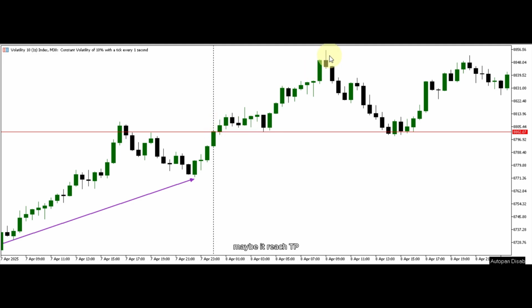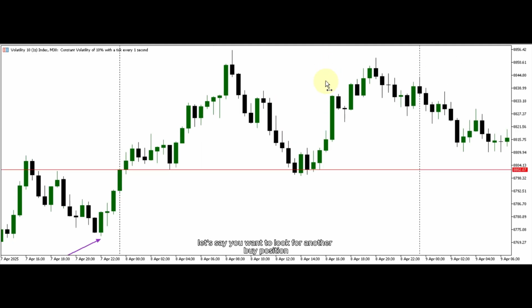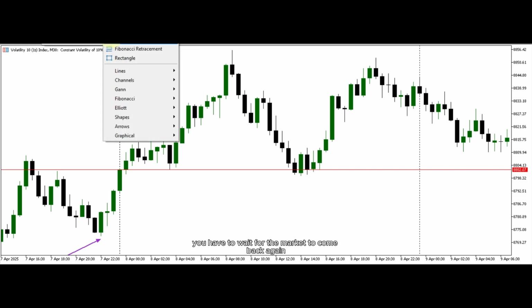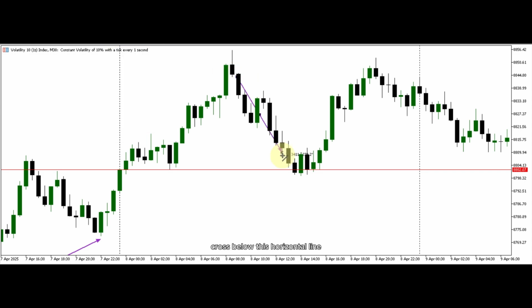Let's say, for example, you place a trade here and the market went your way. Maybe it reached TP, or maybe sometimes it caught you out. You have the opportunity to enter the trade one more time for that day. Let's say you want to look for another buy position. This is what you will do. You have to wait for the market to come back again, cross below this horizontal line, and at least one candle should close below this horizontal line.